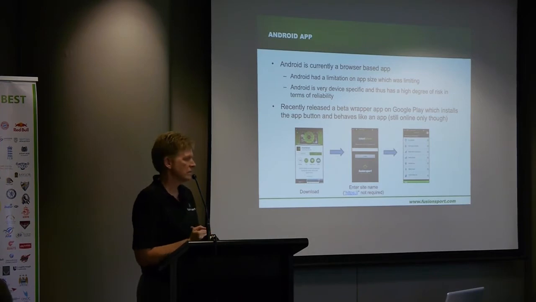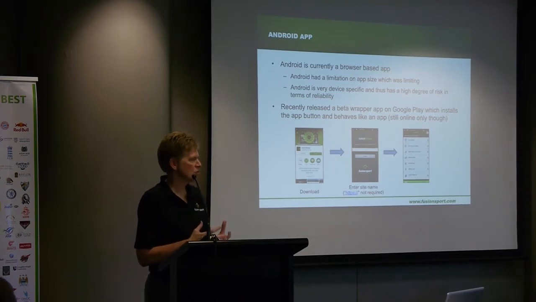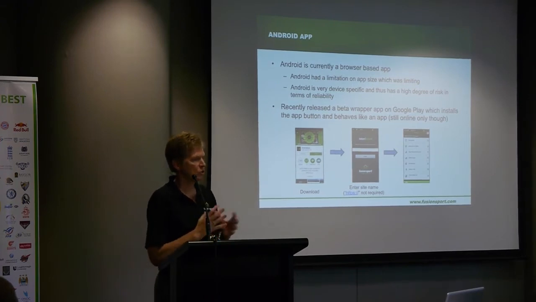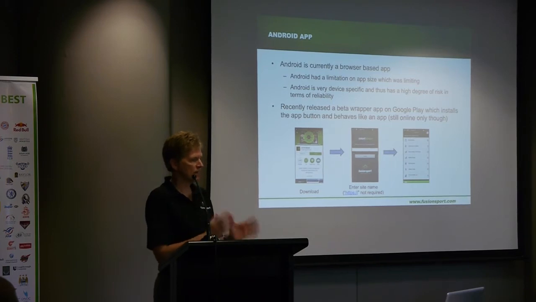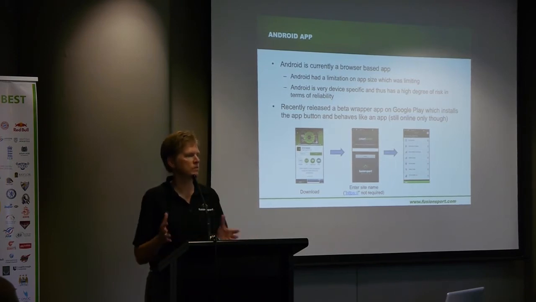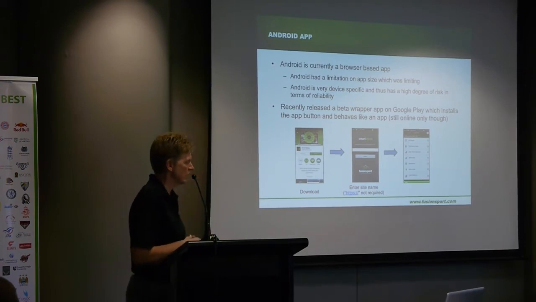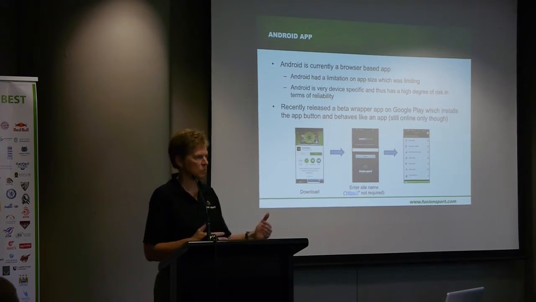But there are some other things that Android hasn't addressed, from a security perspective as well as a multiple device perspective. There are so many different provisions that if we write an Android app, it may only work on 50% of the Android devices. So we've created this wrapper that is an online-only access point.